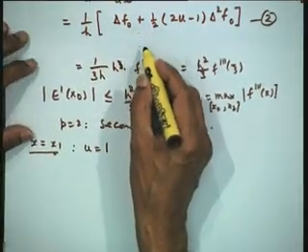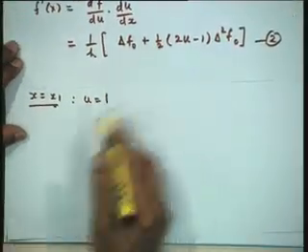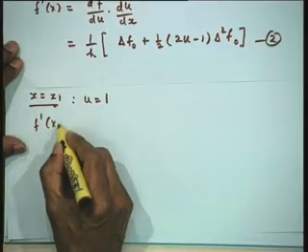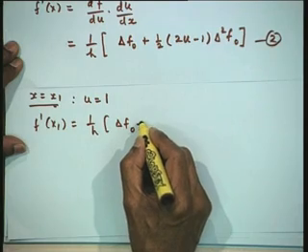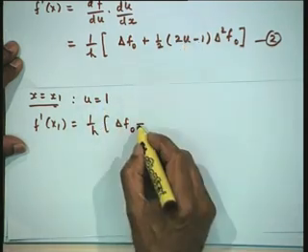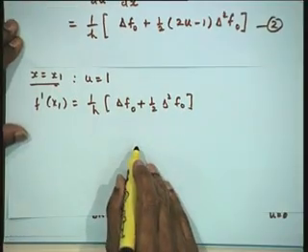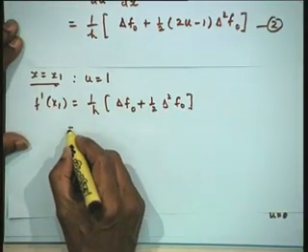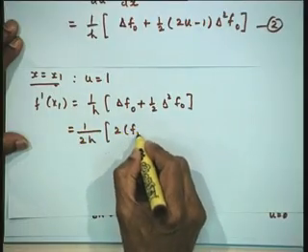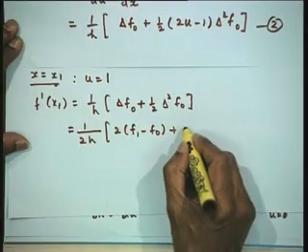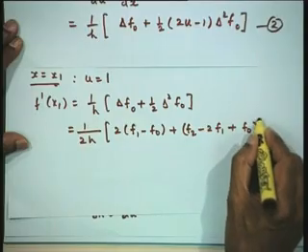Now, let us substitute what will be the value of f prime. Therefore, f prime at x 1 is 1 upon h delta f naught. Now, at u is equal to 1, this gives you plus half delta squared f naught. And let us again open this up: 1 upon 2 h times 2 times f 1 minus f naught, plus f 2 minus 2 f 1 plus f naught.